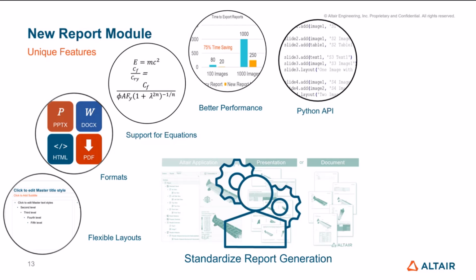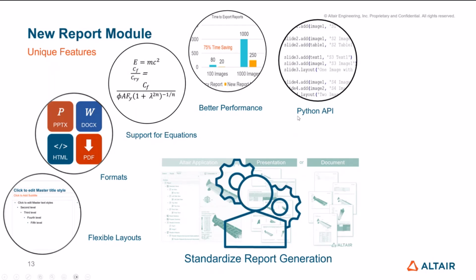Obviously, this new report module comes with a Python API. We decided to hold on to this Python API for a while. The API has been available since 23.0, and when you open the Inspire product, for example, the reporting experience that you get uses the exact API that I'm talking about here, which has better performance, support for equations, and all of this.